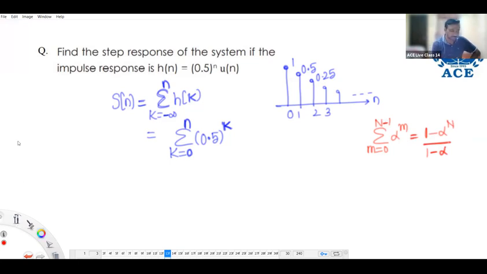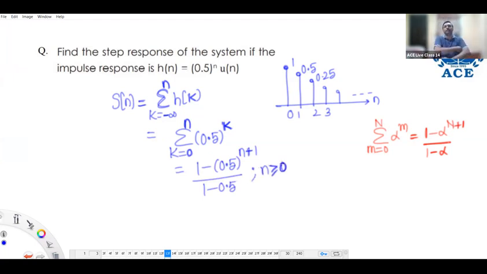Otherwise, if you want to write 0 to capital N, alpha power n plus 1. Very standard formula. So it is 1 minus 0.5 to the power n plus 1 by 1 minus 0.5. That is the answer. Directly, summation of impulse response is called step response.